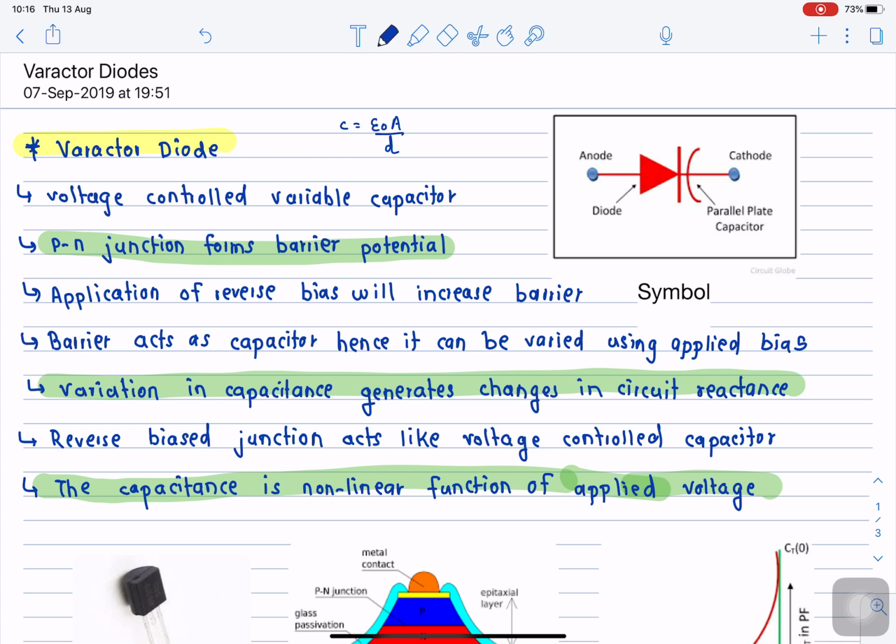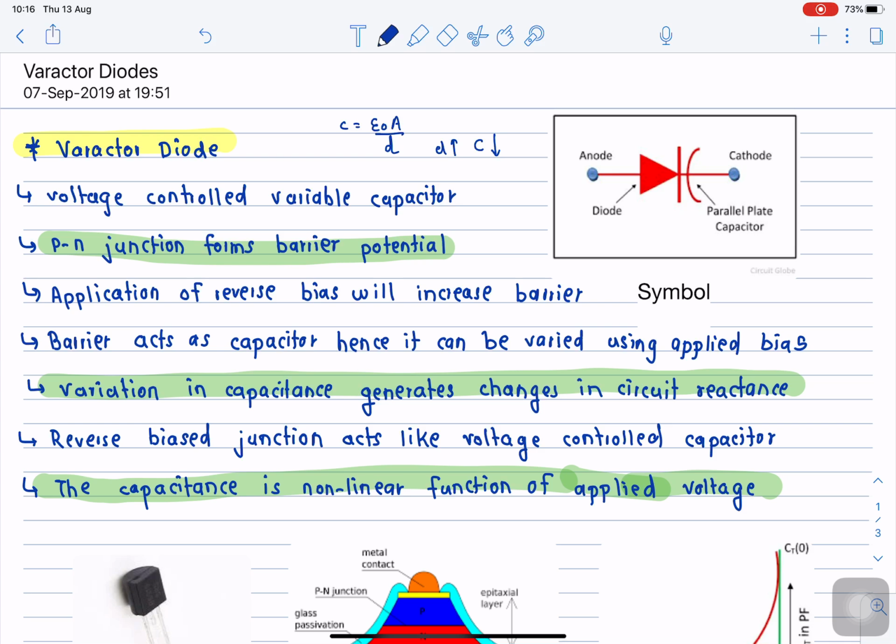So when the separation of the plates is increased, the capacitance will decrease and vice versa. And how can we vary the separation between the plates?